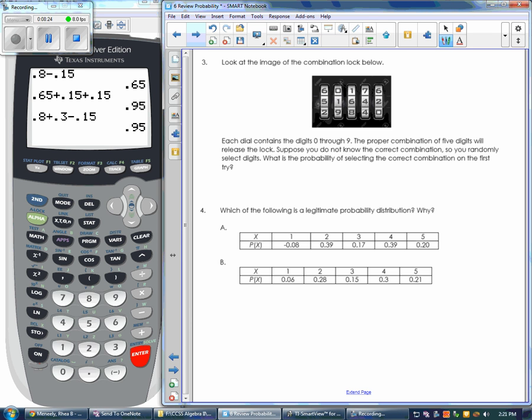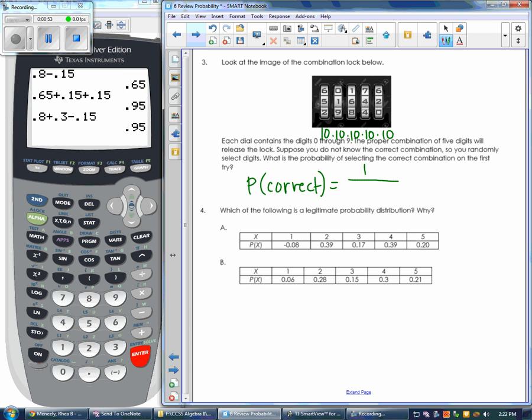Well, you have to think, how many combinations are correct? So the probability of selecting the correct combination on the first try. Well, there's only one correct combination, so that's going to be my numerator. I also have to think about all of the other possible combinations. This is where we have to use our multiplication principle. On that first dial, there's 10 outcomes. On the second dial, there's 10 outcomes. On the third, there's 10. Another 10, another 10.